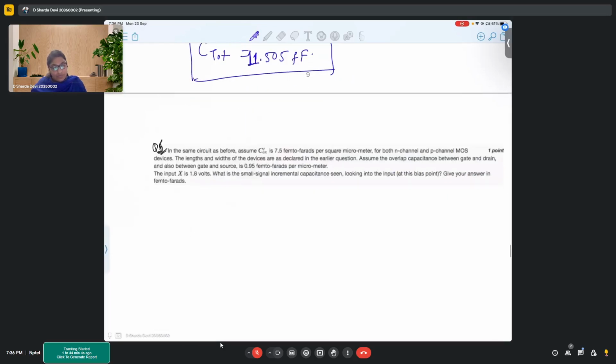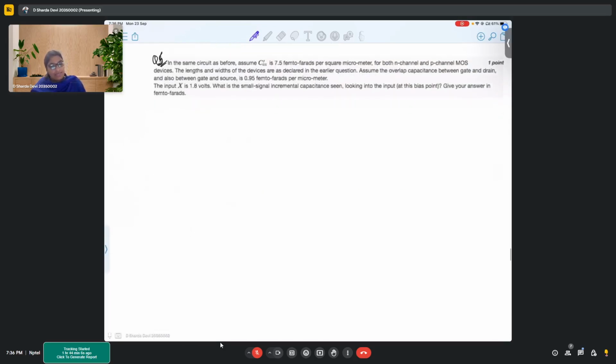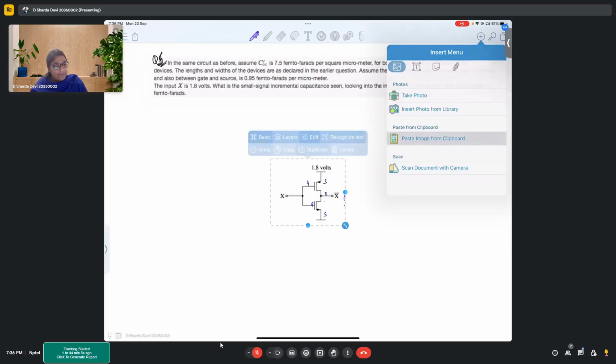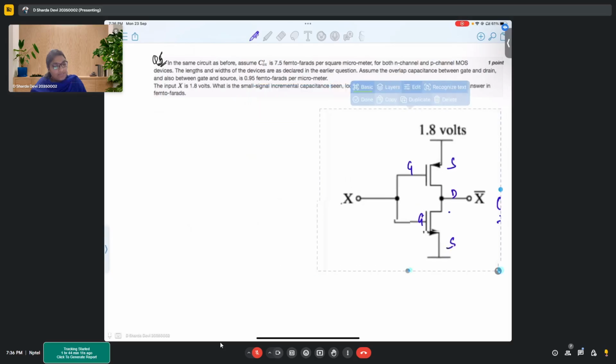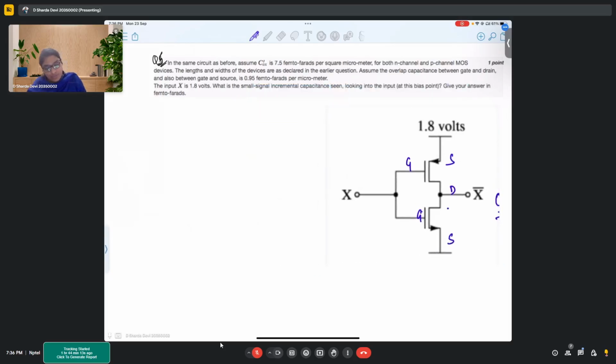Now, moving on to the next problem, again in the same circuit. Okay, in the same given circuit, it is asked to assume that Cox is 7.5 femtofarads per micrometer square for both N and P. Cox N is also equal to Cox P. Now the length and width as declared earlier.